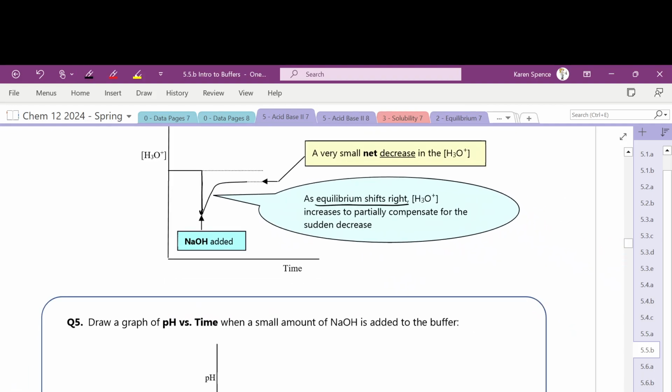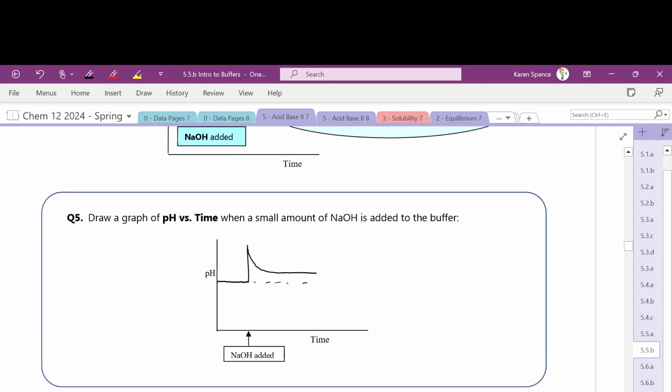Could you draw the pH versus time when we add NaOH?